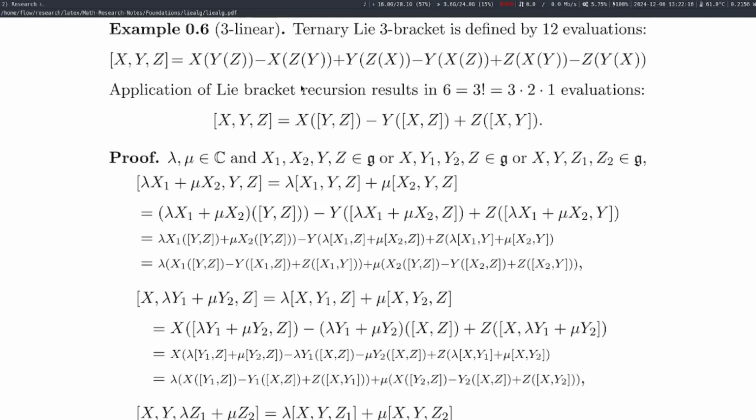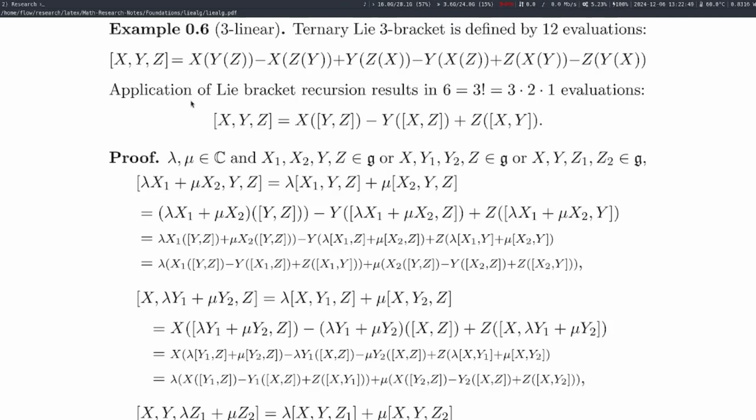This is the ternary Lie bracket, or the trilinear, or the 3 bracket, which is defined by 12 evaluations. So if we take the definition that I originally gave at the beginning and apply it to x, y, and z, then we have x of y of z minus x of z of y plus y of z of x minus y of x of z plus z of x of y minus z of y of x.